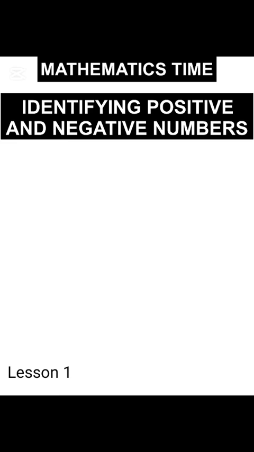Now, to identify positive and negative numbers, we are going to use two signs. That is the addition sign and the subtraction sign. Good. Those are the two signs we are going to use. But before that, when a number stands alone, a number like 9 standing alone, and there is no sign attached, 9 becomes positive 9.